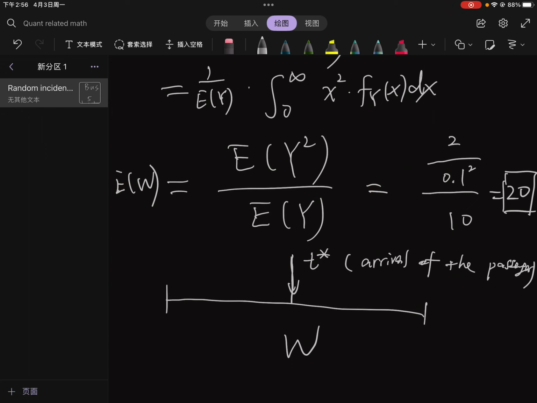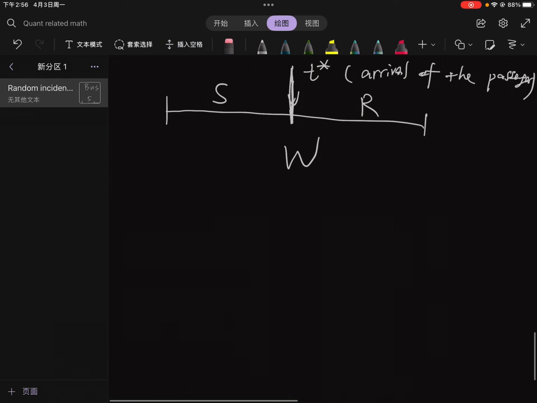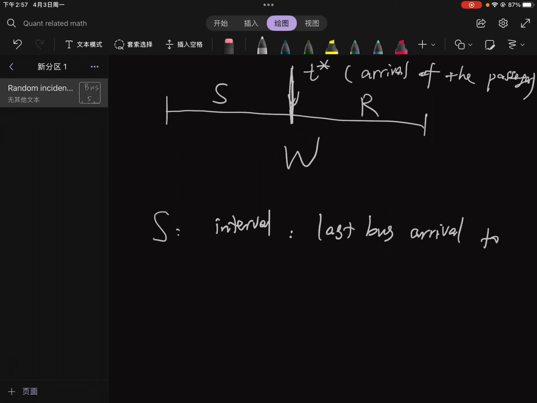And we will give you one more notation that we'll introduce here, S and R. S is the interval from the last bus arrival to passenger arrival. This S does not have a name, so we'll just call it S.